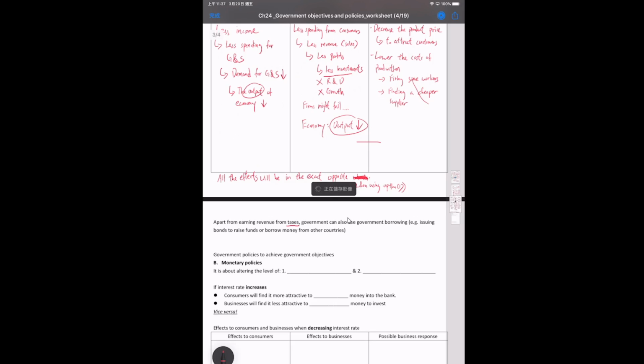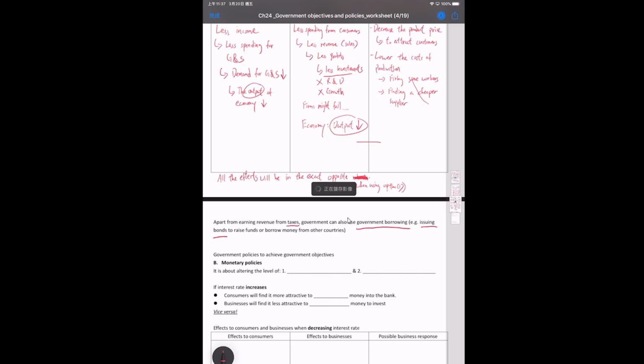Talking about government revenue, you can also use government borrowing to get some money from different people. So you are borrowing money from the general public. One very good example is issuing bonds to raise funds.